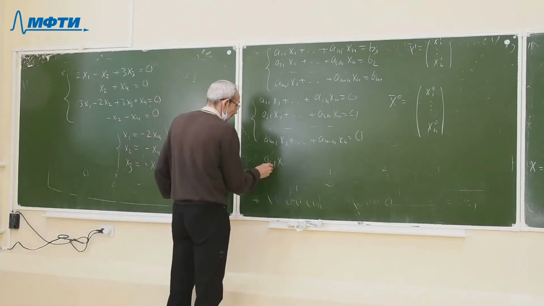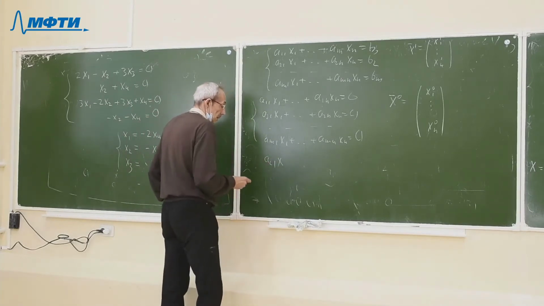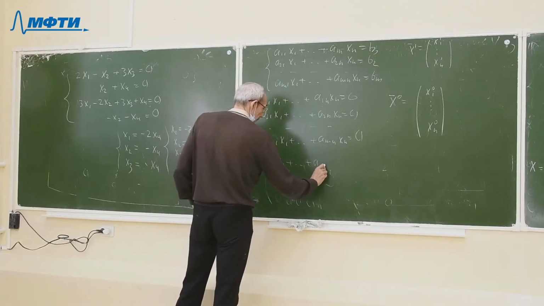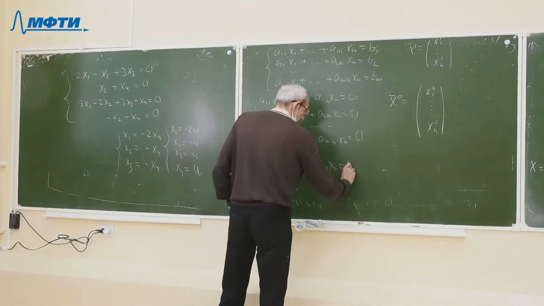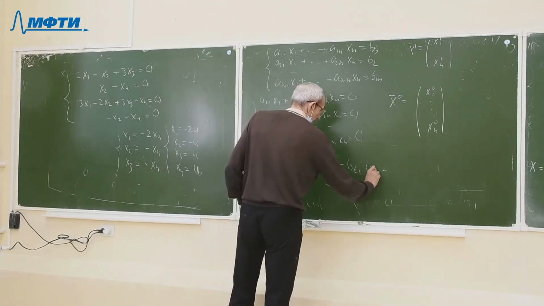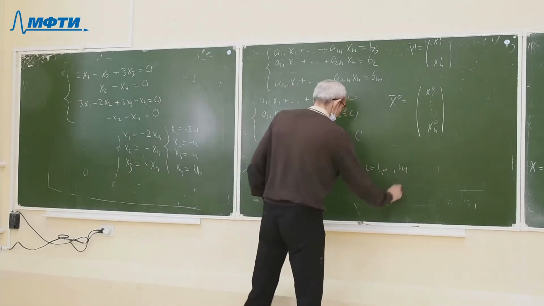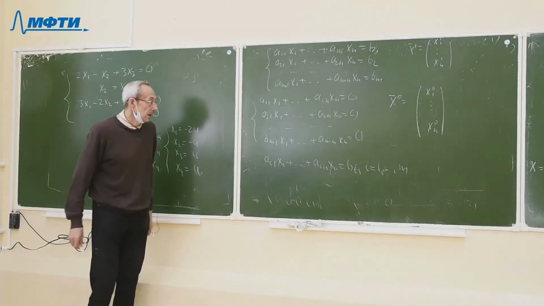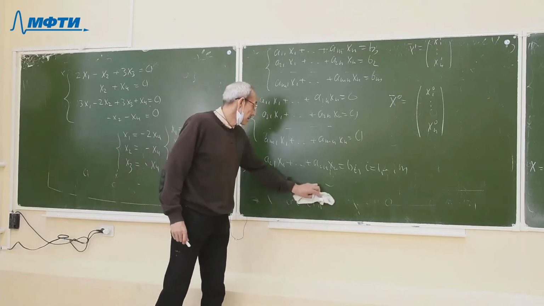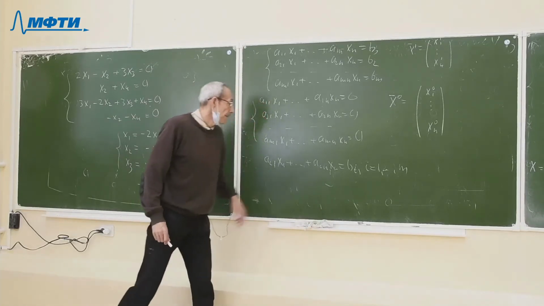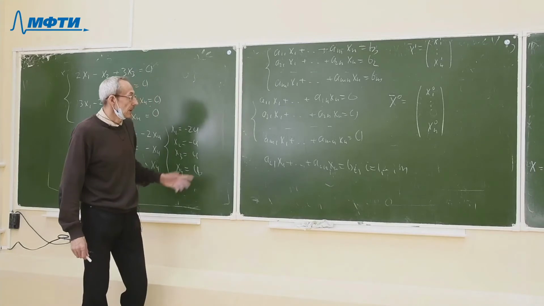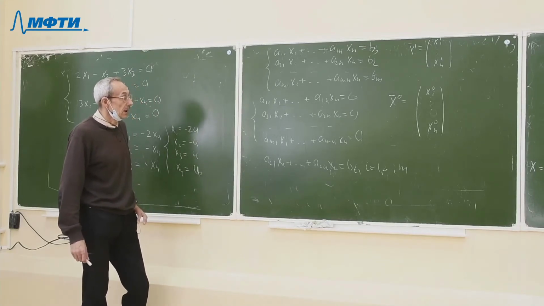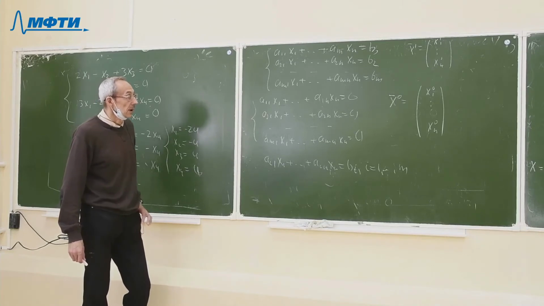The linear system is some array of equations: a_i1 x1 plus and so on, plus a_in xn is equal to bi.